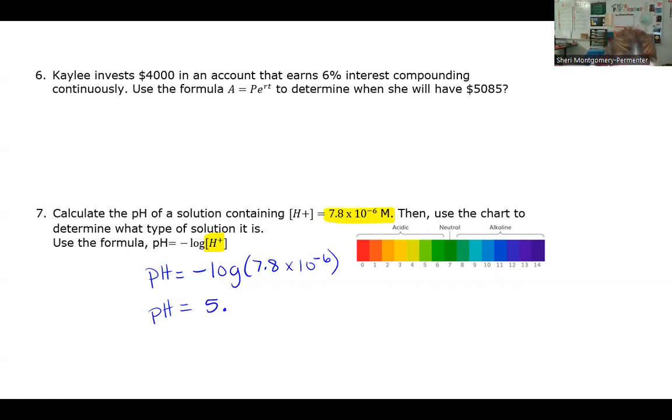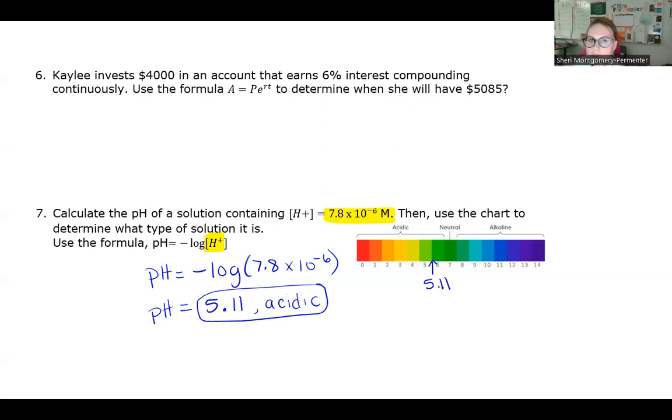You got 5.107, blah, blah, blah. So I would say 5.11. We go find where that would be on the scale. So that would be like right there. It would be a weak base, but it's still acidic. That's it. Don't not do these problems on the homework. They're really easy.